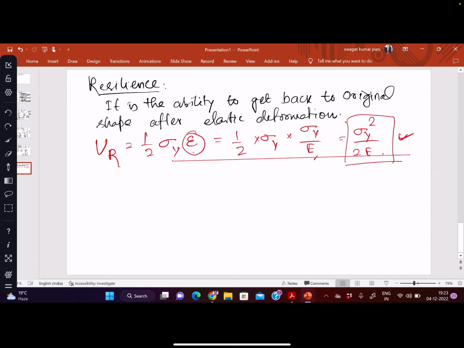One basic question that gets asked is, suppose for a spring material, what properties are required? We know that a spring material has to come back to its original shape quickly.